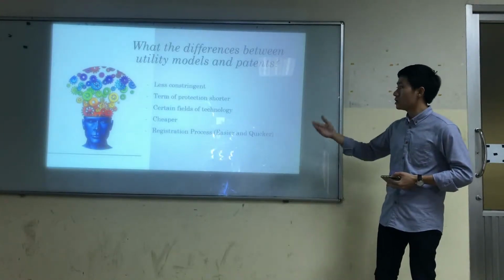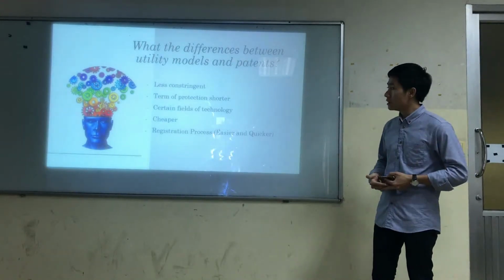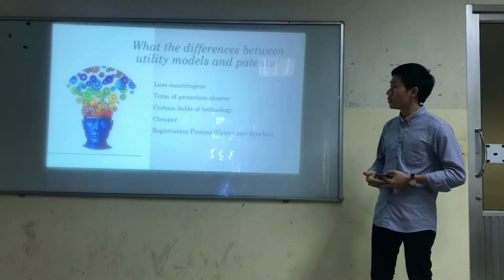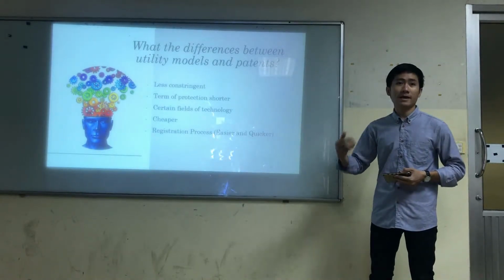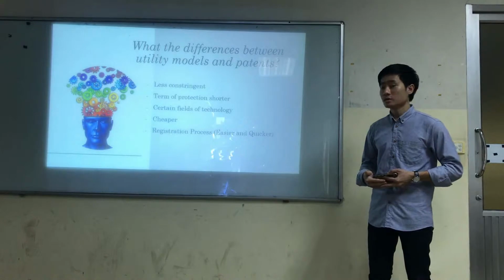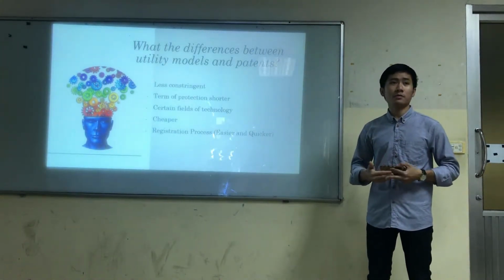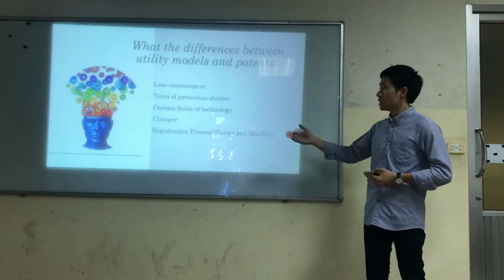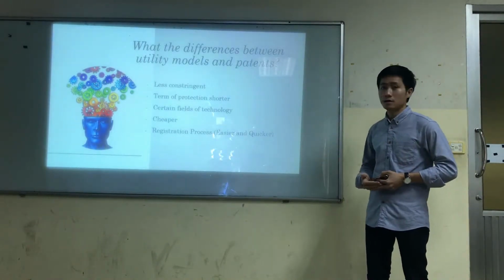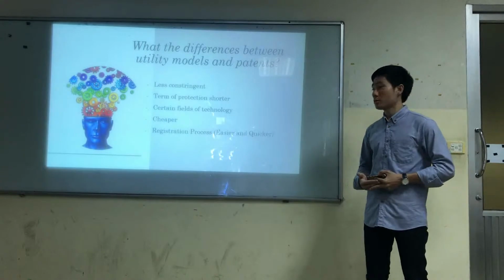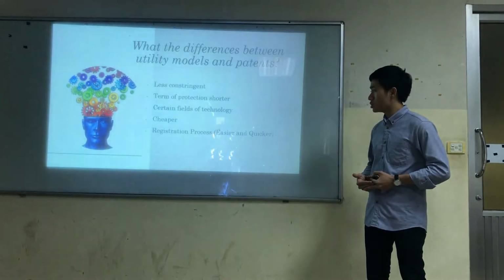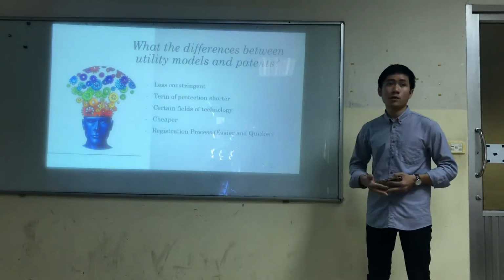And the term of protection is shorter than patents, and it protects fields of technology like mechanical or apparatus inventions. And it's cheaper because the protection period is shorter than for patents, so a utility model costs less than a patent. And the registration process is easier and quicker.